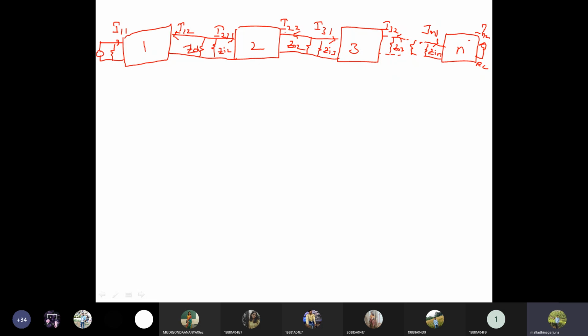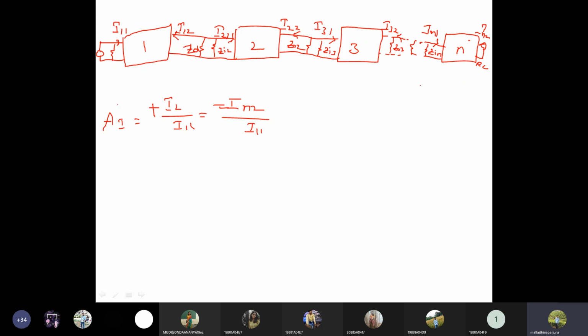So now let us calculate the current gain. AI equals minus IL by I11. Why? Because the load current IL is nothing but minus IN2 divided by I11.